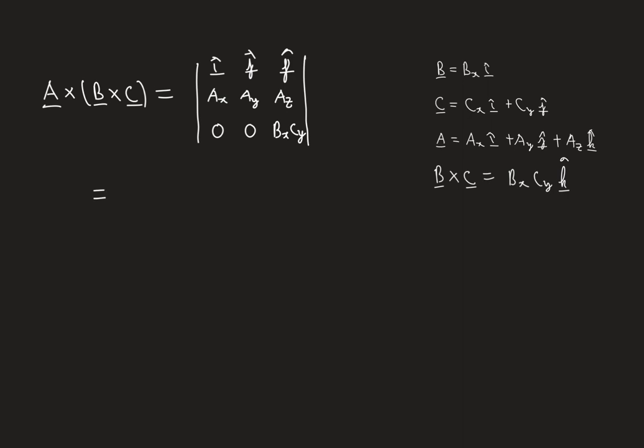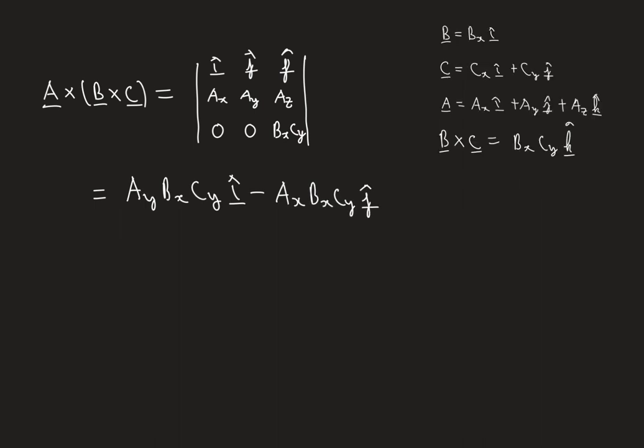Now what you need to do is cross multiply for each component. Ultimately, this gives us ay times bx cy in the i hat direction minus ax bx cy in the j hat direction.